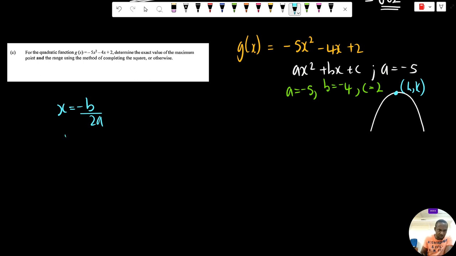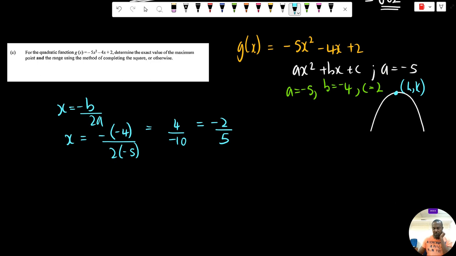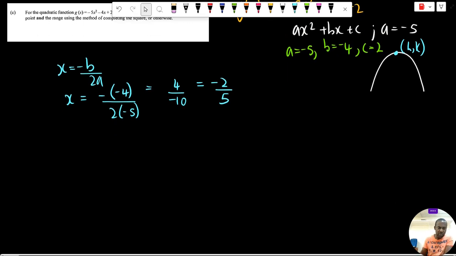And so what this means is that the turning point occurs where x equals minus 4 over 2 times minus 5, which gives us 4 over minus 10, which we simplify to give minus 2/5. And so that basically is the x coordinate of the turning point.